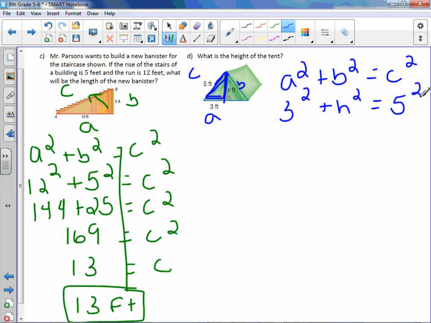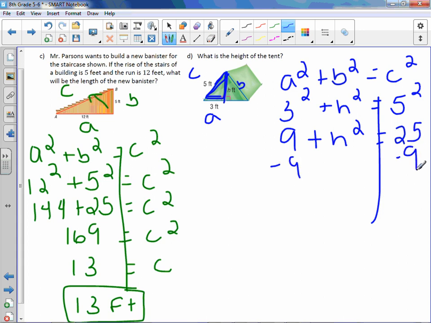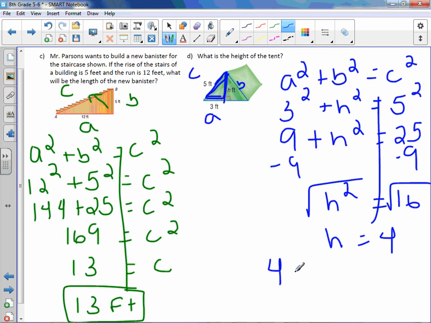If you feel more comfortable leaving this a B, you can, it doesn't matter. 9 plus H squared equals 25, minus 9. H squared equals 16. Square root. H equals 4, and our unit is feet.